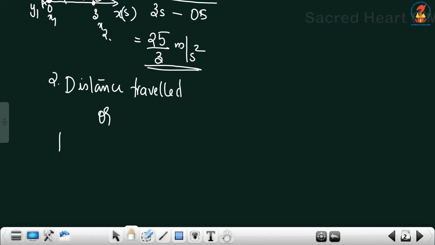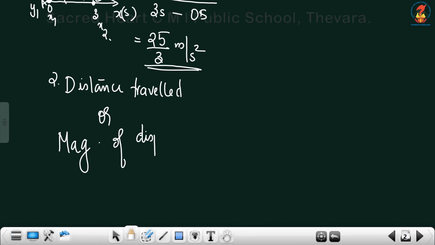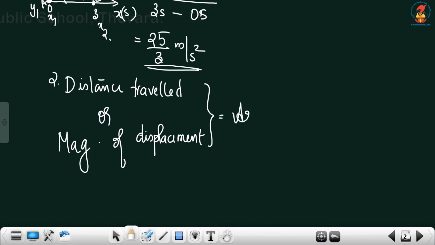or magnitude of displacement is equal to the area under the VT graph.